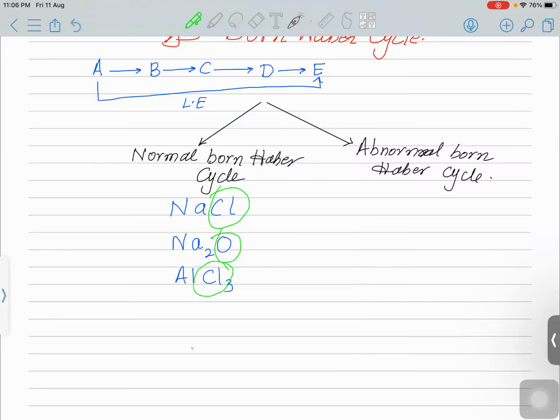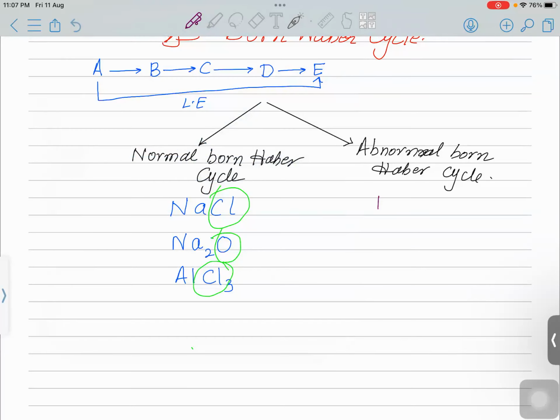So in the normal Born-Haber cycle, you have only one element in the anion. Focus on the anion: in the normal Born-Haber cycle, the anion has only one element.